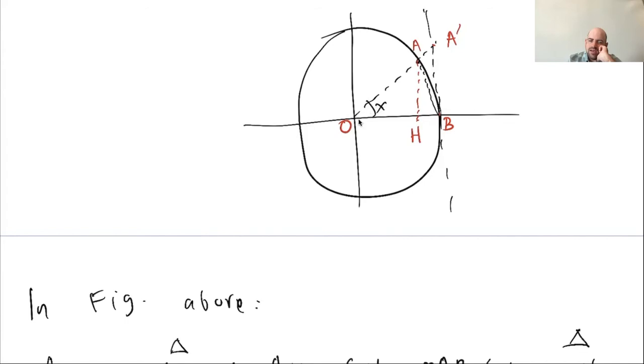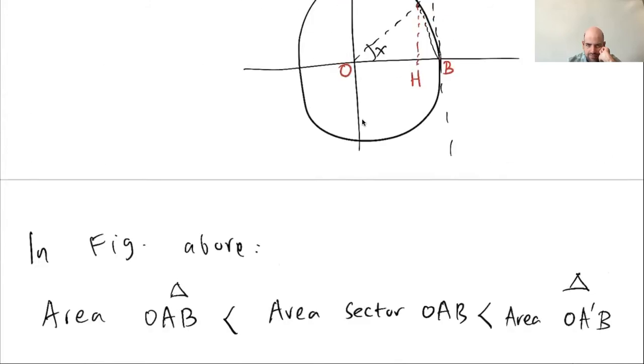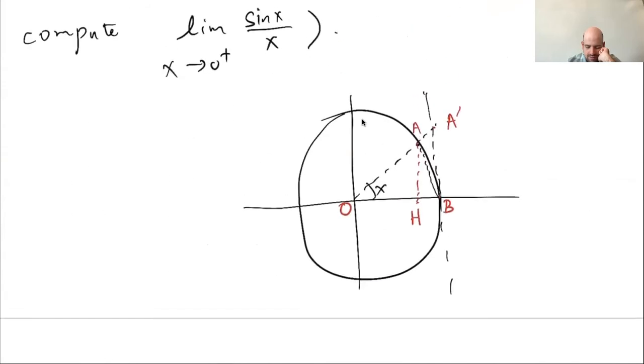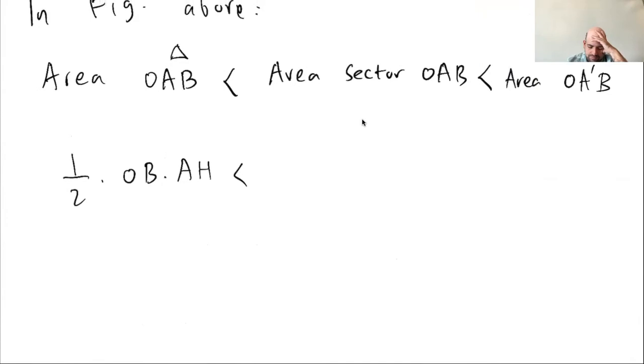Okay, now let's calculate. The area of OAB is 1/2 times OB times AH, right? The area of a triangle is 1/2 times base times height, less than the area of the sector, which is 1/2 times the angle, which is x, times the radius squared. Radius here, I'm assuming, is 1.